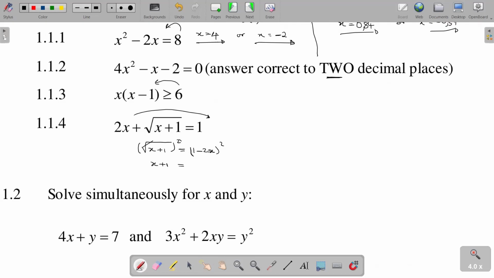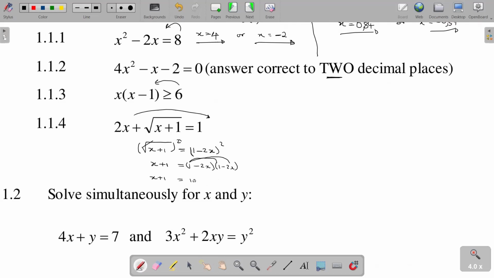Then the other side, it means we are going to expand. It becomes 1 minus 2x multiplied by 1 minus 2x. This reduces to x plus 1 equal to, so the 1 and the 1 multiply, we get 1. The 1 and that one will meet.